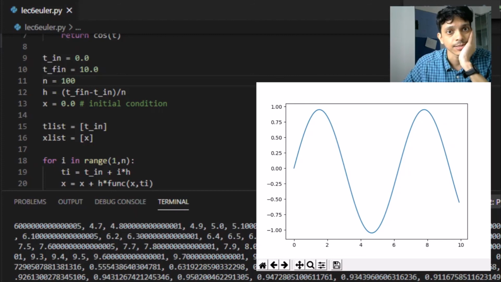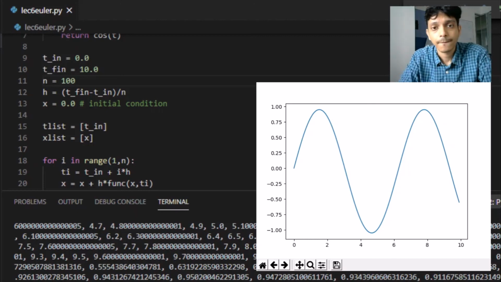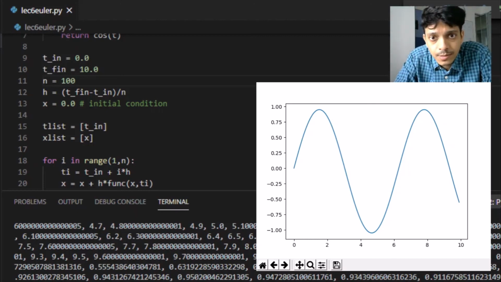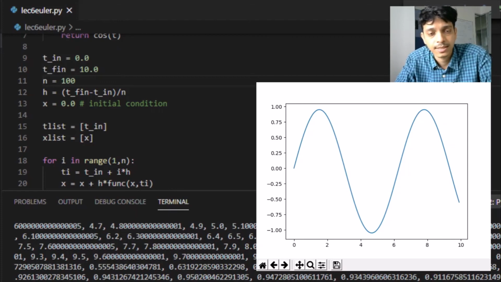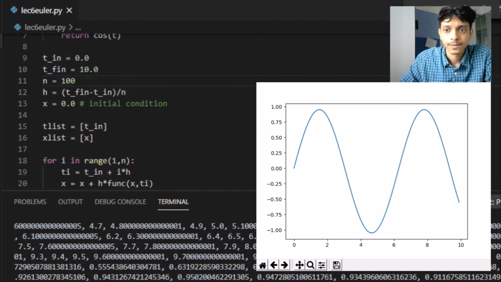So this is your sine. It starts from 0 at 0, then at around pi by 2, which is 1.5-ish, it goes up to 1. Very good. So this is exactly like a sine wave. So the more steps you take, the more accurate your answer gets. Okay, good.